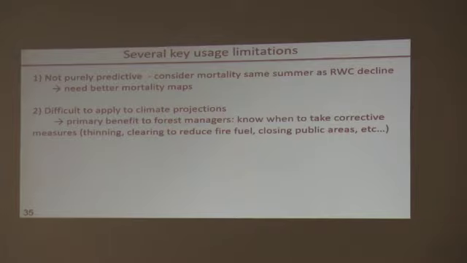We're still a ways off from getting to a point where we can even start to hope to predict what relative water content might look like under future climate scenarios or ensembles. So we can't really use this to tell anything about mortality rates in the future.